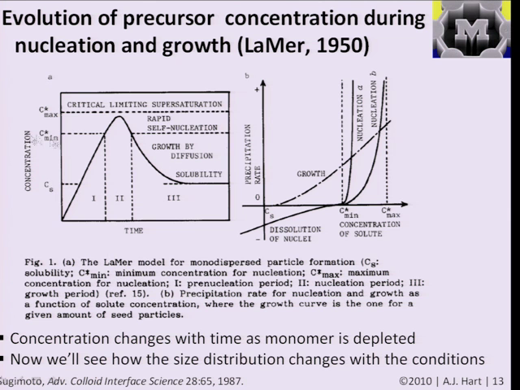So the schematic here has concentration of the precursor on the y-axis and has time on the x-axis. And there are three concentration values on the y-axis. There's the solubility of the eventual size of clusters in solution, and there's the minimum concentration for nucleation, and then there's a maximum supersaturation at which you just get precipitation of a lot of the material.